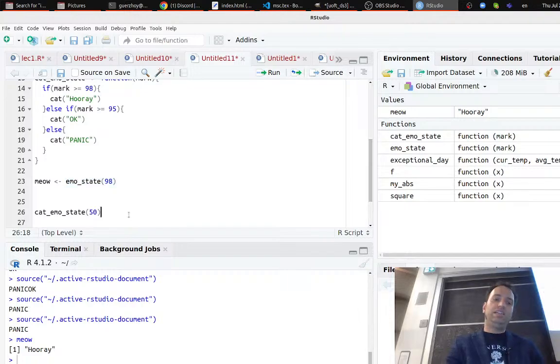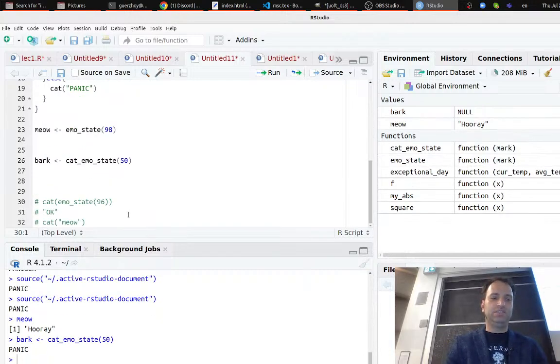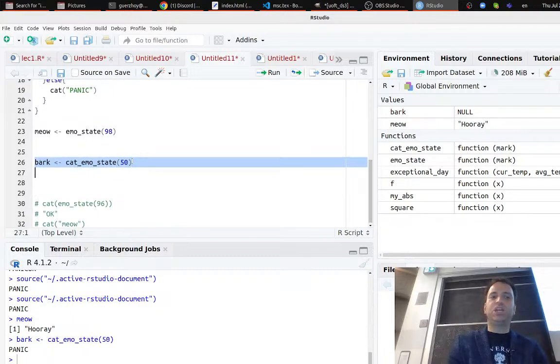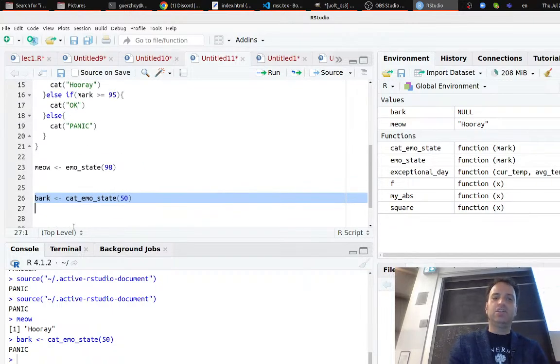On the other hand, if you say bark like this here, and you run that, what's going to happen when you compute this, because R sees the cat here, it'll print the panic, but the value of bark, sorry, is not panic, it's null.